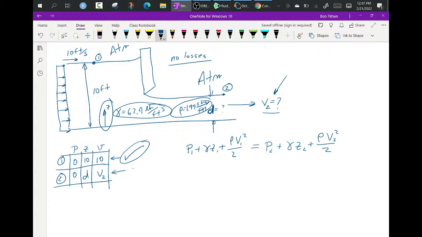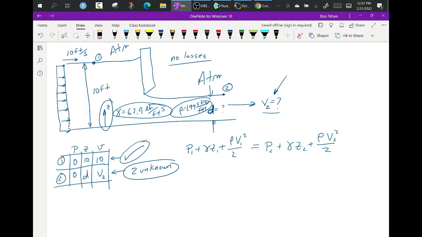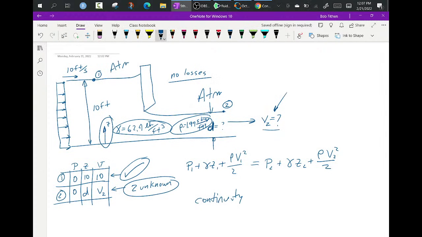I'm missing 2 unknowns here, but I only have 1 equation. So there has to be another equation, and it turns out continuity is the other equation. I didn't address this yet, but I'm going to say it's only 1 foot into the page.